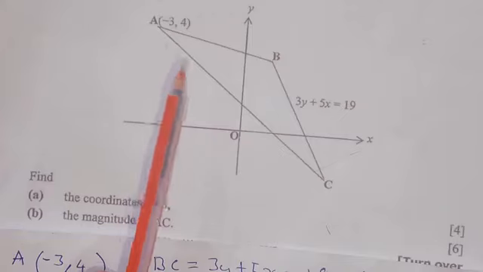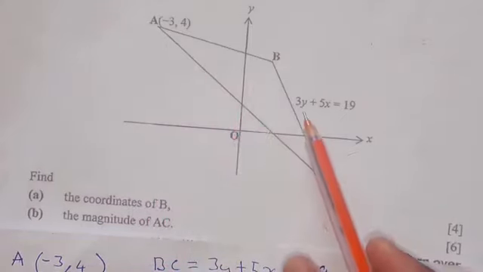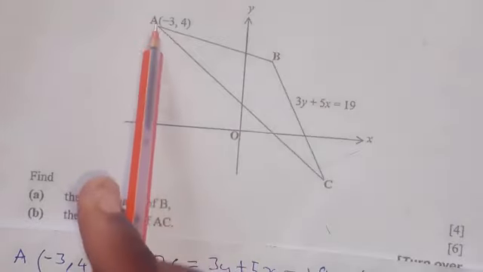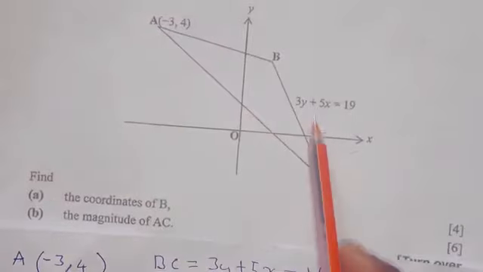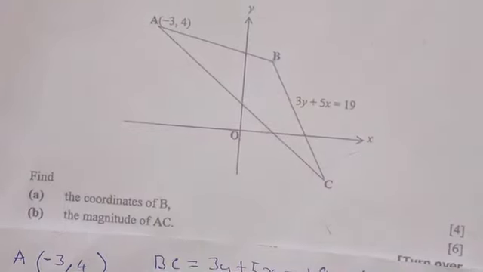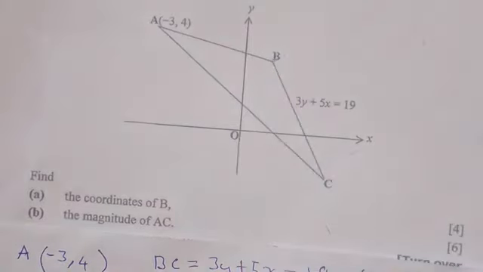They have told us to find the coordinates of B. The equation BC and the equation of AB will be meeting at this point. So all you need is to find the equation AB and solve it simultaneously with the equation BC because they are meeting here. If you solve them simultaneously, you're going to find the coordinates of B.